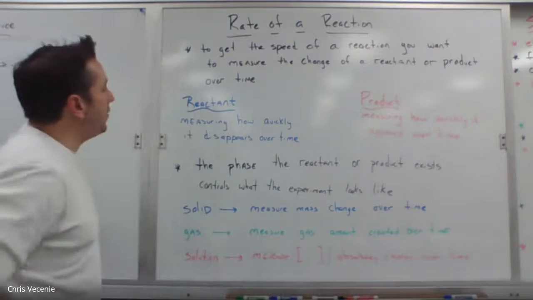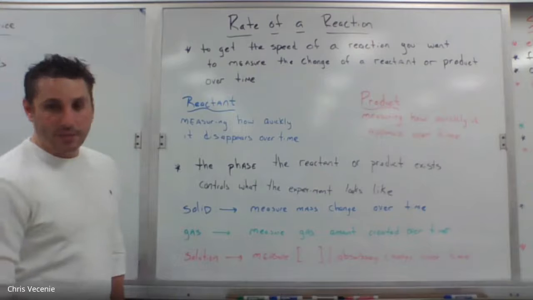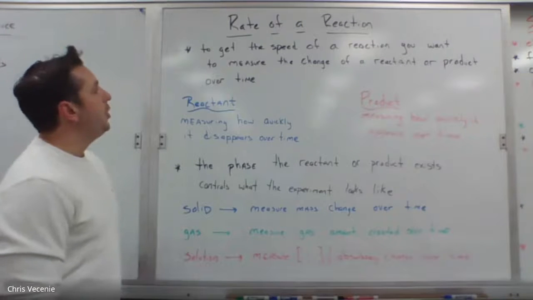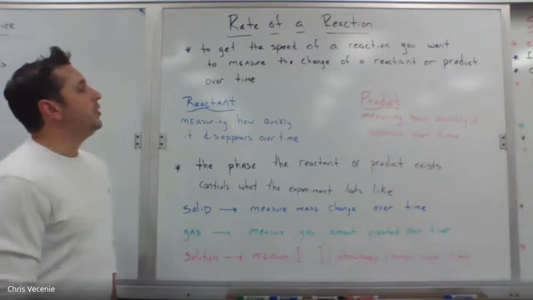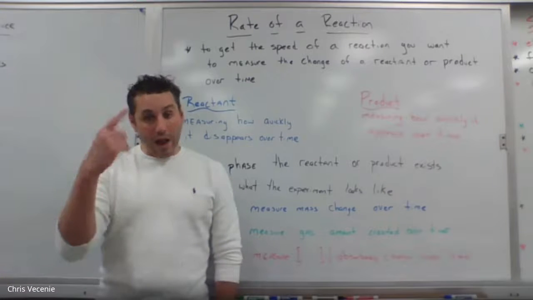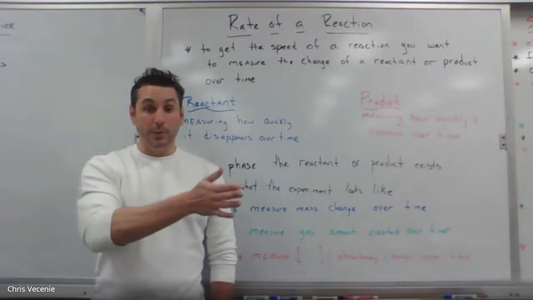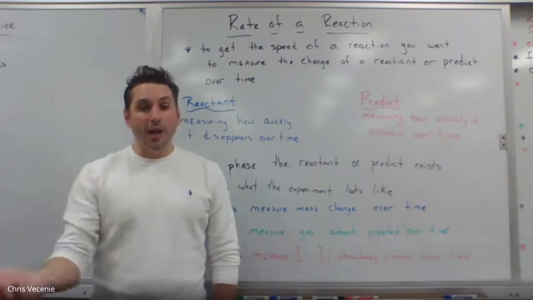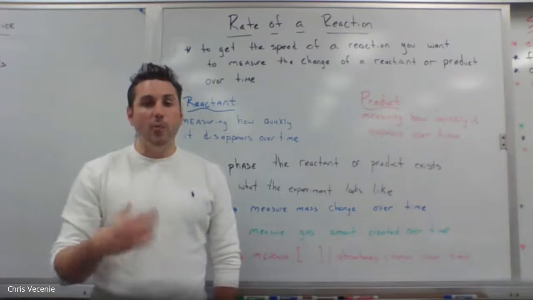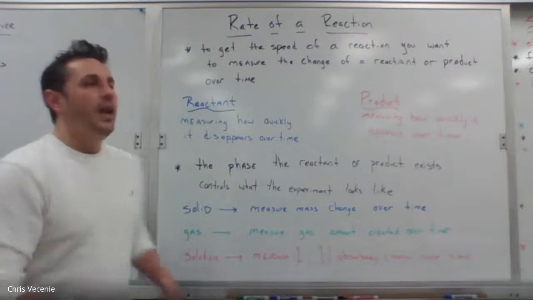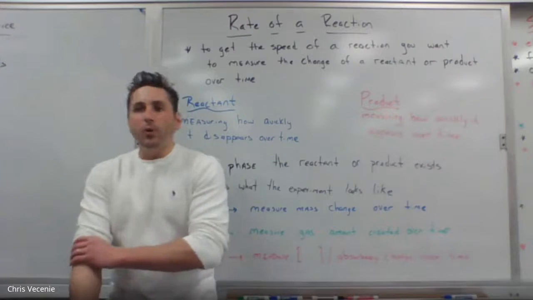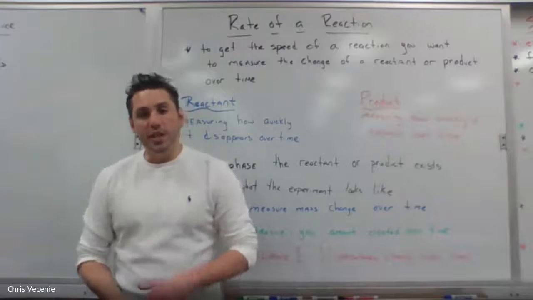So the idea behind the rate of reaction is if we want to get the speed, the rate the reaction occurs, you want to measure how quickly either A, a reactant disappears, or B, a product appears. Either is going to tell me how fast the reaction is happening. And why would we not do one over the other all the time?